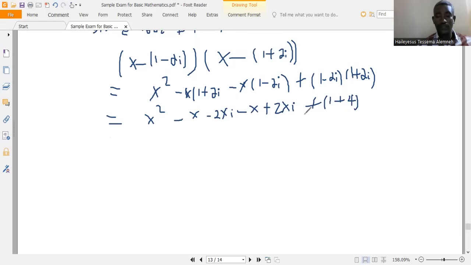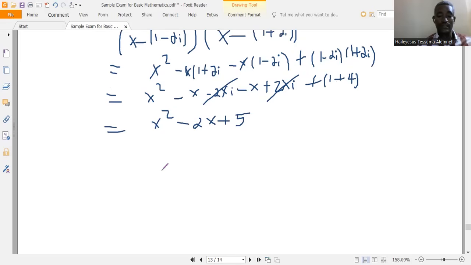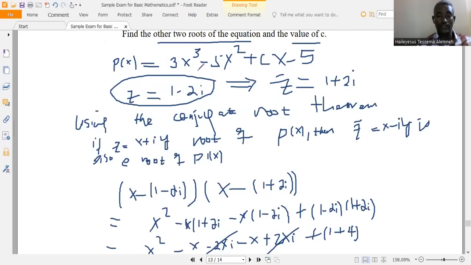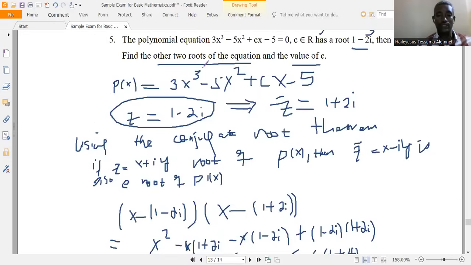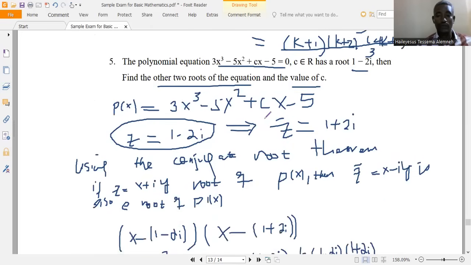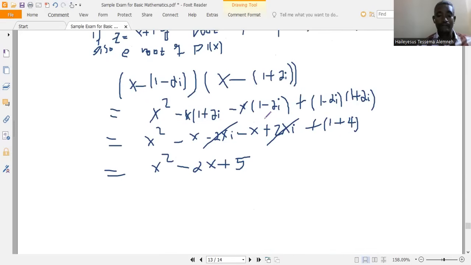So it is the same as x square, and this one will be cancelled by this one, minus 2x plus 5. This is a polynomial function which is a factor of the given polynomial function.